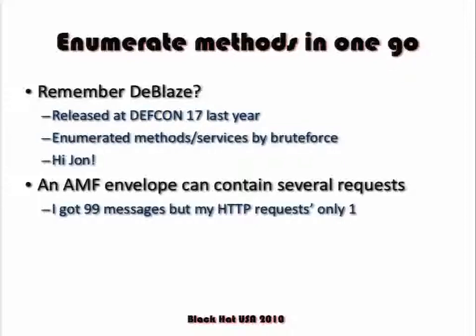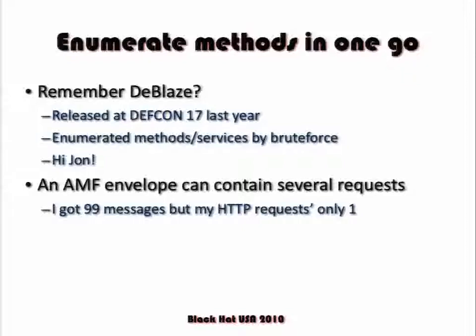So I thought, hey, why not stuff all those AMF requests in one? I could do all that enumeration in just one HTTP request. That's one of the cool things I did, as well as assess the entire Flex app in one HTTP request. So you could fuzz the entire app. Hopefully it doesn't break halfway through your requests. But it's one of the things you could do really easily with a couple lines of Python.